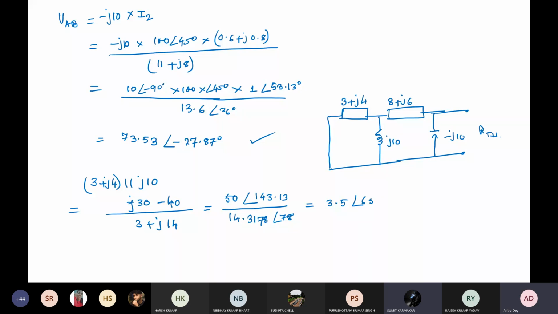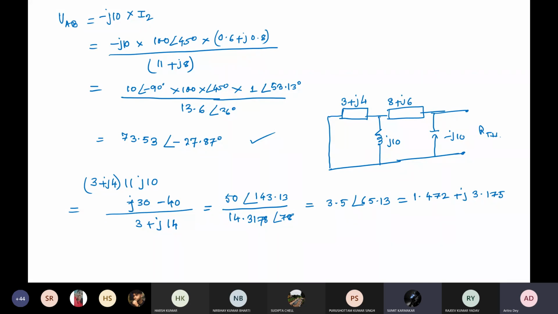Again you convert this into rectangular because you have to add it with this part. So for that we'll take 3.5 comma 65.13. So this is 1.472 plus j into 3.175. Okay, so once you have that, then this is to be again added with 8 and all.